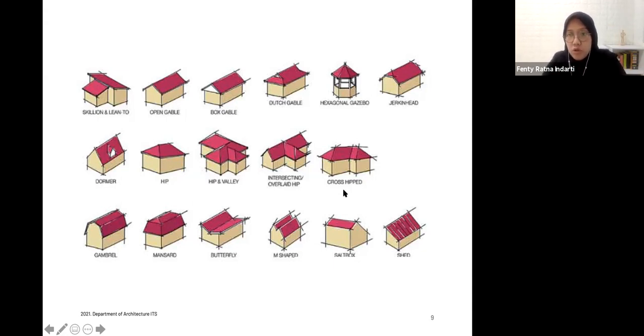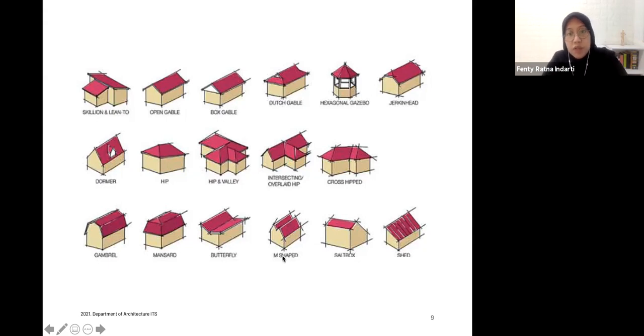Or maybe you can use cross hip. Or there are other examples like gambrel, and then mansard, butterfly. So butterfly is like two mono pitch roofs attached together, but on the other side, and it creates a valley in the middle like this.